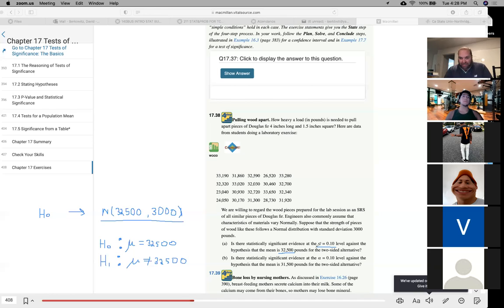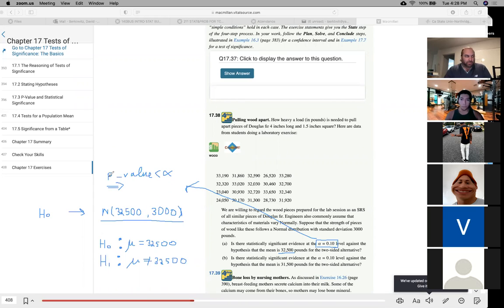And when it gives me the alpha equals 0.100 level, what this means is as follows. We're always going to compare the p-value to alpha. If the p-value is less than alpha, then what do I conclude? What do I do when the p-value is smaller than alpha?